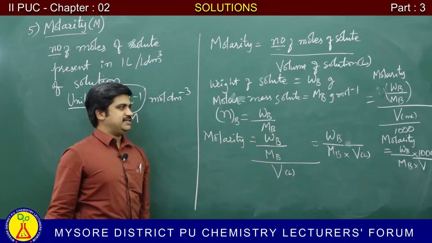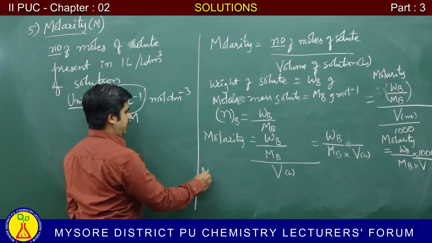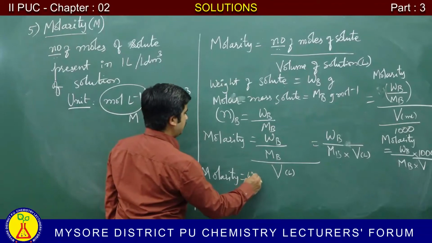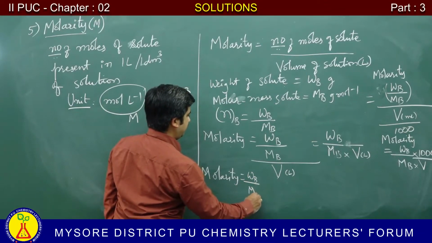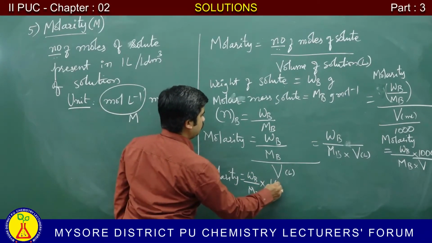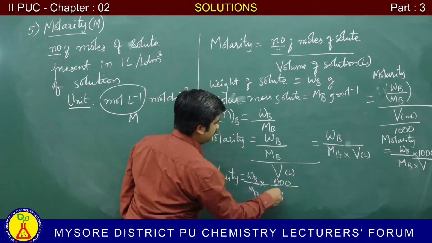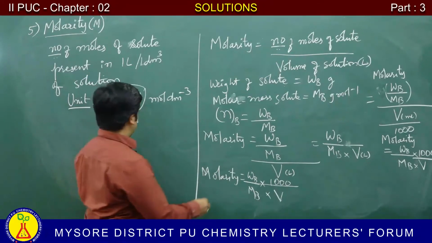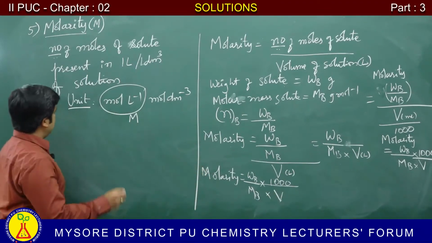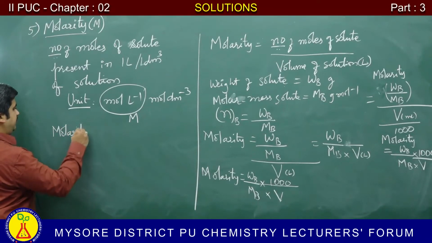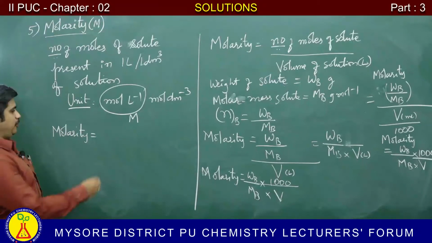So that is known as the molarity equation. So molarity is equal to WB by MB into 1000 divided by volume of solution, which is expressed in ml. This is the important formula which we will be using to solve problems.